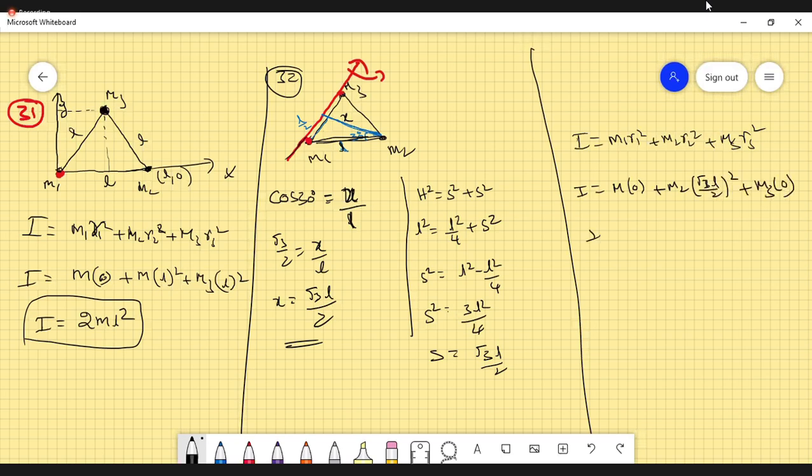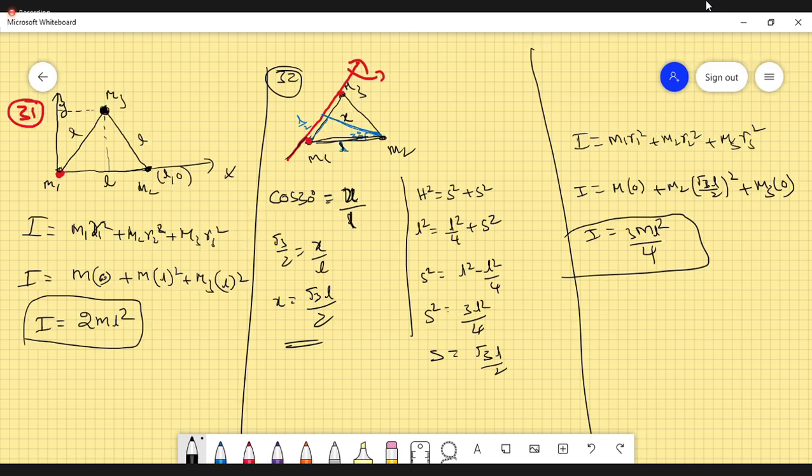So finally I equals 3ml square by 4. Understood? Yes, sir.